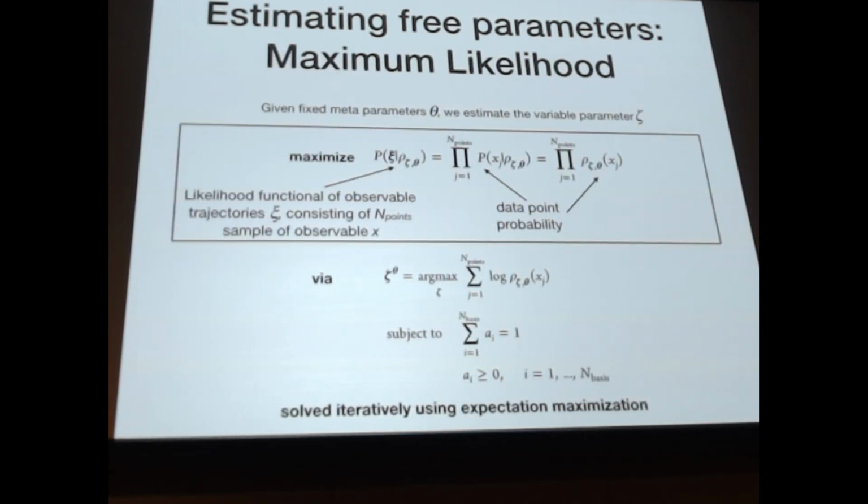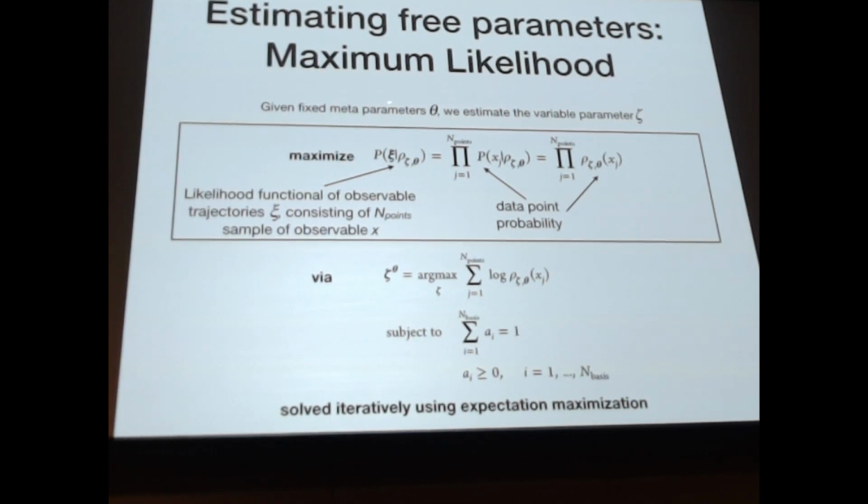And to do this, basically, we use maximum likelihood. So we maximize this likelihood functional that I was mentioning: for fixed meta parameters, we estimate the variable parameters, which are mostly the amplitudes, subject to normalization and positivity. And we solve this iteratively using expectation maximization.